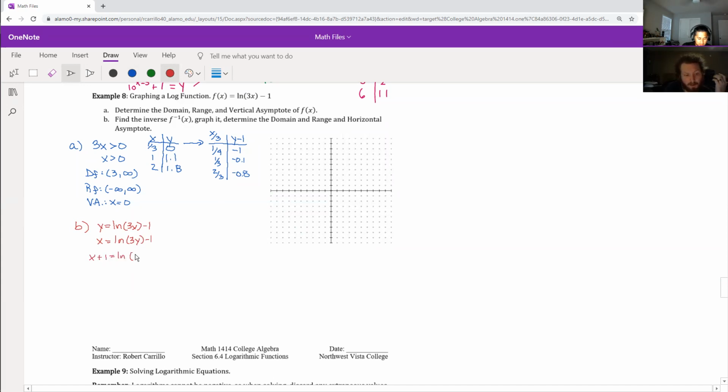Add 1 to both sides. Exponentiate both quantities to the base, which is e. Remember when we have base b, log base b of argument a, this is equal to just a. So this gives us e^(x+1) is equal to 3y.